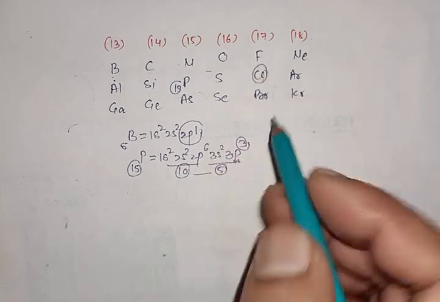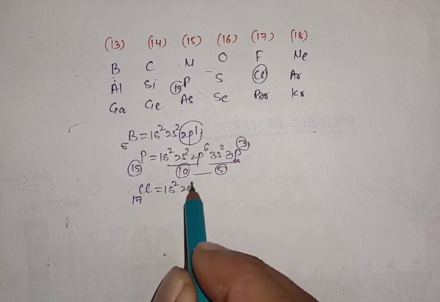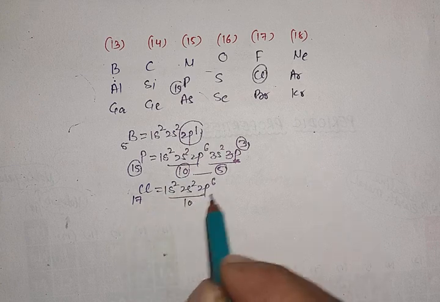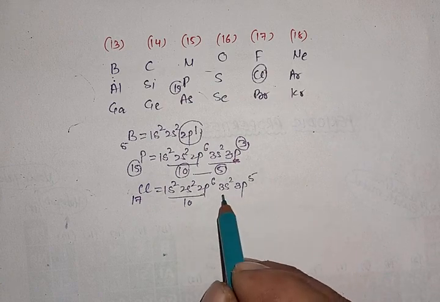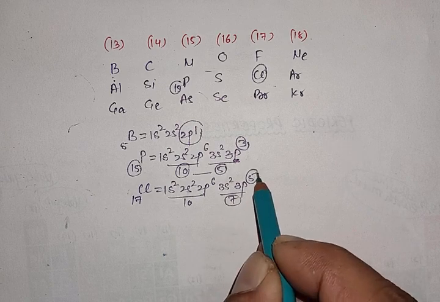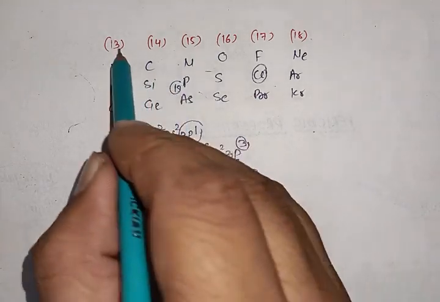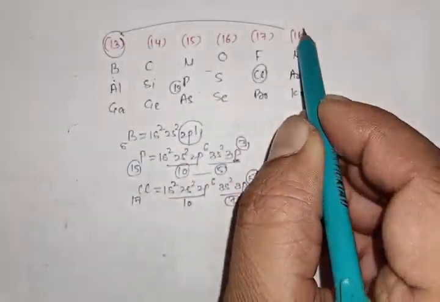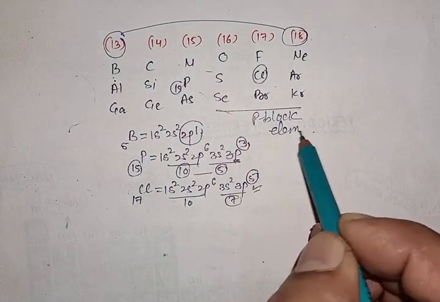Next is chlorine, atomic number 17. The electronic configuration is 1s2, 2s2, 2p6, after that 3s2 and 3p5. So the valence electron in chlorine also occupies the P subshell. So the elements from group number 13 to group number 18 are called P block elements.